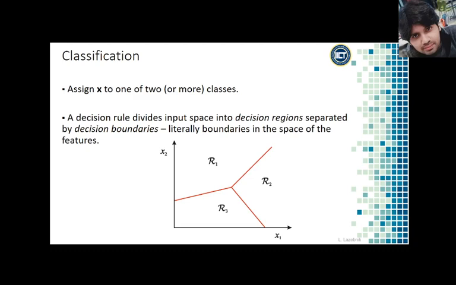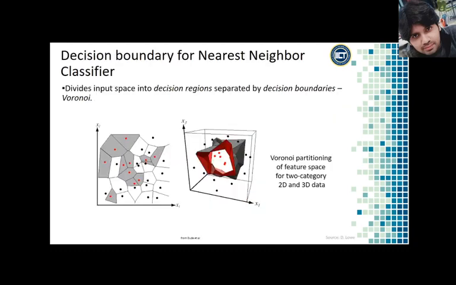If samples are closer to region 3, they would be classified as region 3. The samples which are closest to region 1 will be classified as region 1. And this is an example in terms of a Voronoi diagram, which divides the input space into decision regions separated by decision boundaries in terms of Voronoi partitioning.